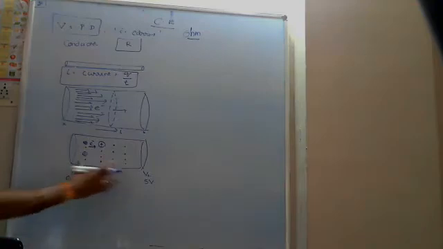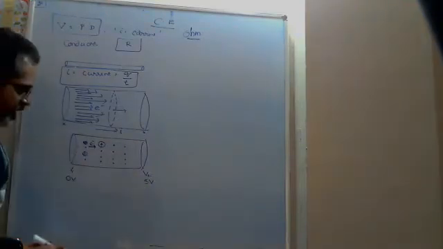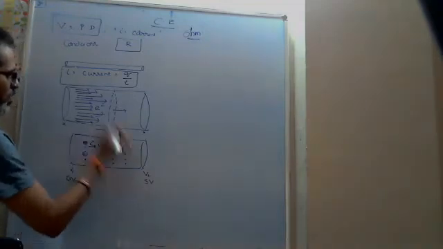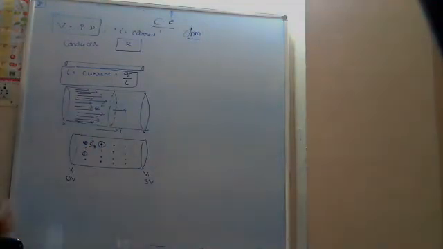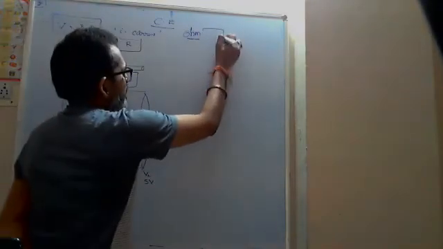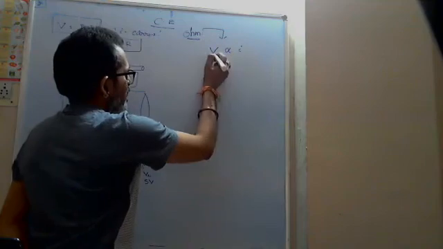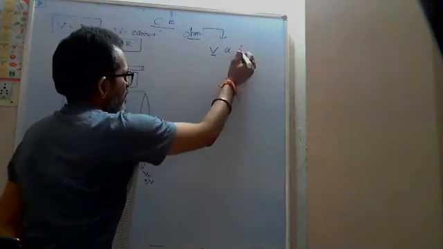He said that to flow the current, we have to maintain the potential difference. If this potential difference is more, the flow of current is also more. That is called Ohm's law. He stated it as V is directly proportional to I. If the potential difference is more, the current flow is also more.